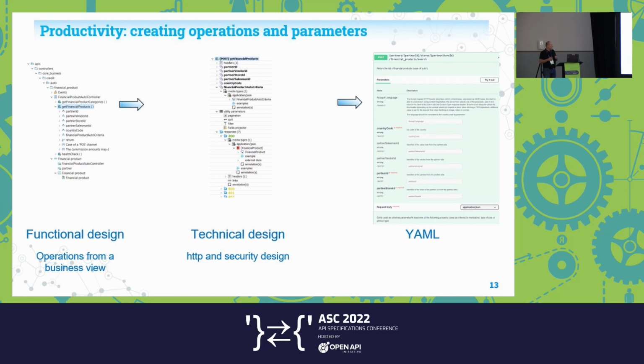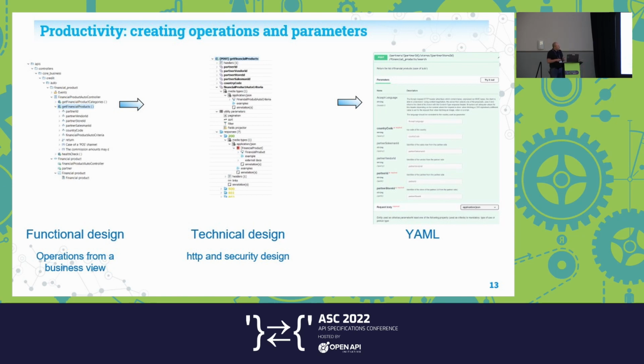Then we have a tool which is called Swagger, that transforms all these artifacts into the OpenAPI. An operation provides an operation, the parameter provides a parameter, and so on.